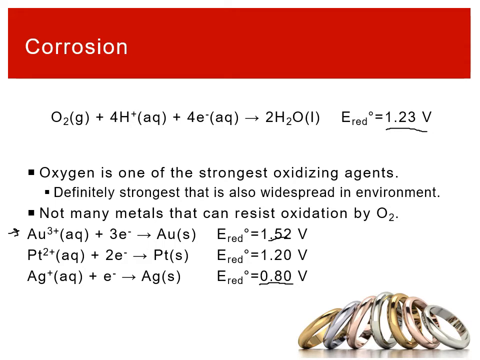I do want to note that those potentials we're seeing would imply that silver corrodes pretty quickly, 0.43, but these potentials are under standard conditions. That would be when O2 is at 1 atmosphere. O2 in air has a lower partial pressure, about 0.2, so that decreases the reduction potential. Also, this would only be true in solutions that have a pH of 0, which is when you have 1 molar hydroniums, or H+.